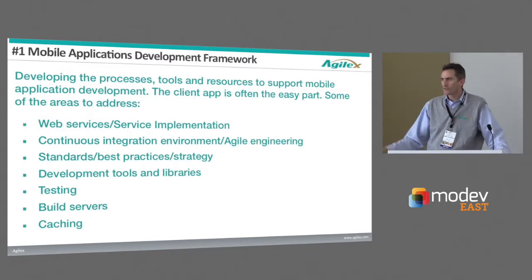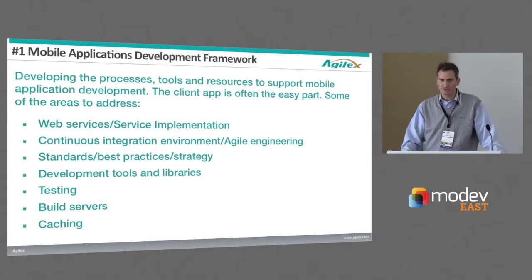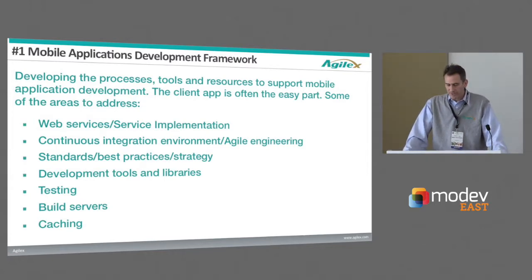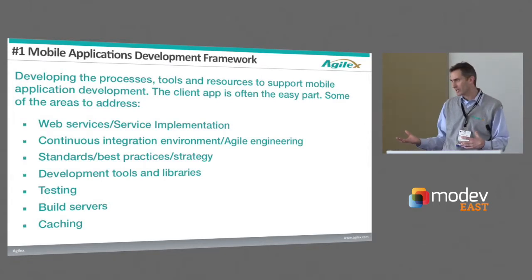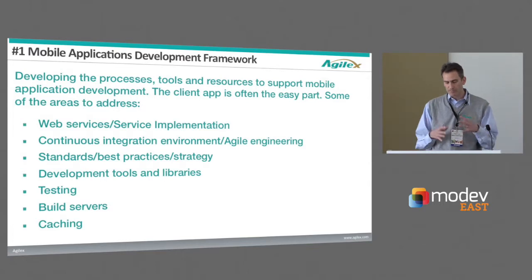So you've got to do all this work on the back end, building out web services, testing, setting up a CI environment that's required for application development. The goal is to set up this infrastructure and environment to facilitate distributed application development among teams that are in-house, or development teams externally.